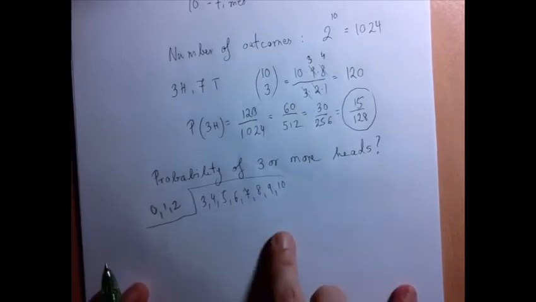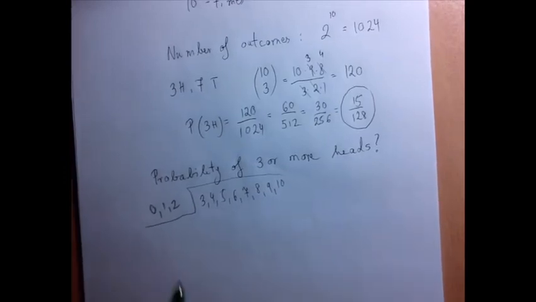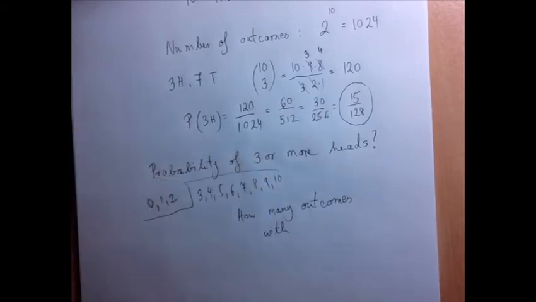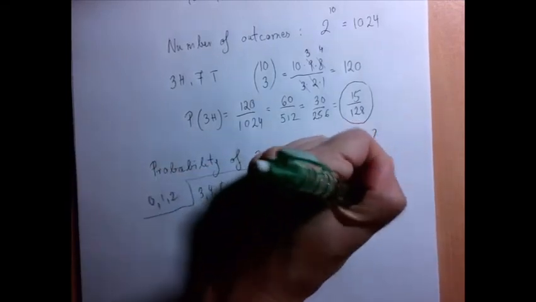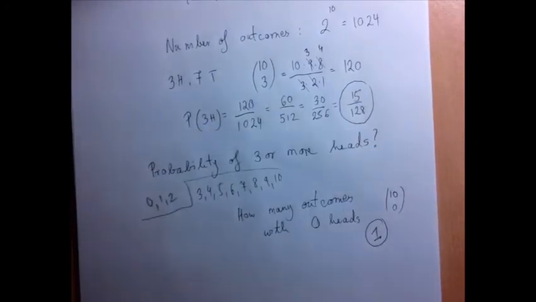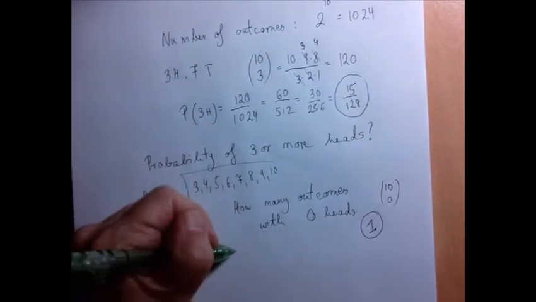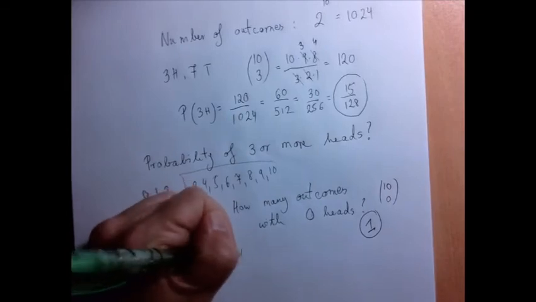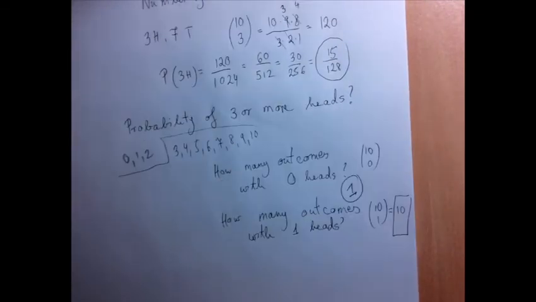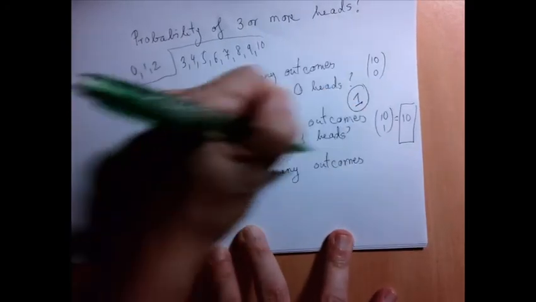So instead of the probabilities, let's just count the cases. So how many outcomes with no heads? And that's 10 choose 0, and that's just 1, right? It should look like tail, tail, tail, tail, tail. Same question, how many outcomes with 1 head? That would be 10 choose 1. And how many outcomes with 2 heads?